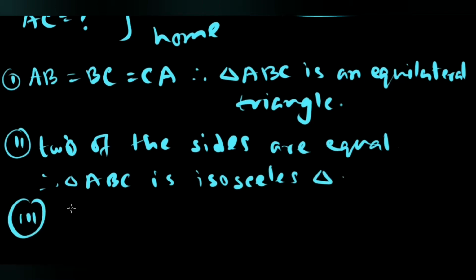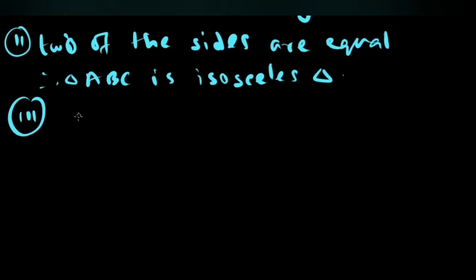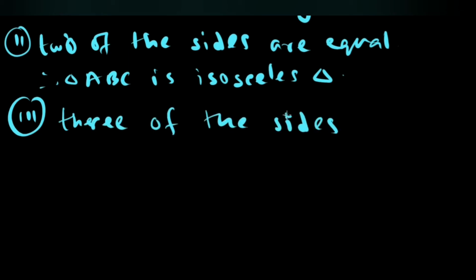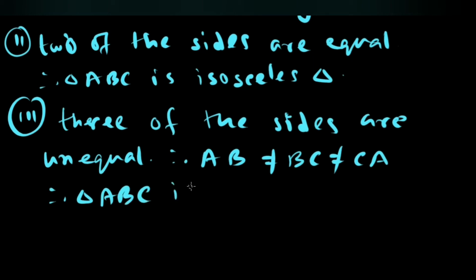And if you figure out that all three sides are unequal, that means none of the sides have equal length, so triangle ABC will be considered as a scalene triangle.